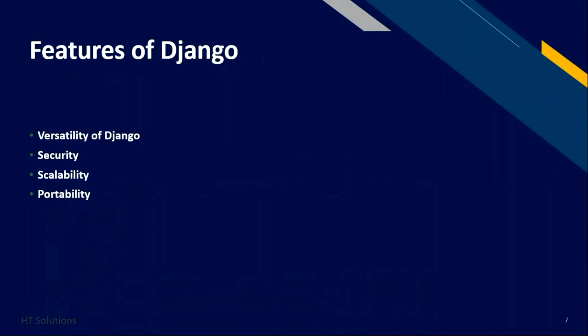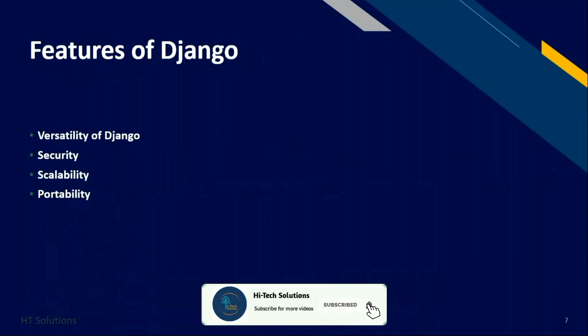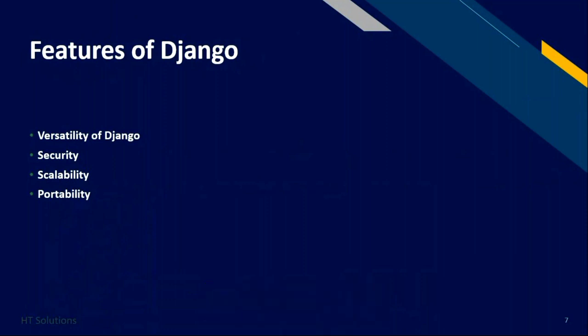It can also work with any client-side framework, and it can deliver content in any format such as HTML, JSON, XML, etc. Some sites which can be built using Django are wikis, social networks, news sites, etc.